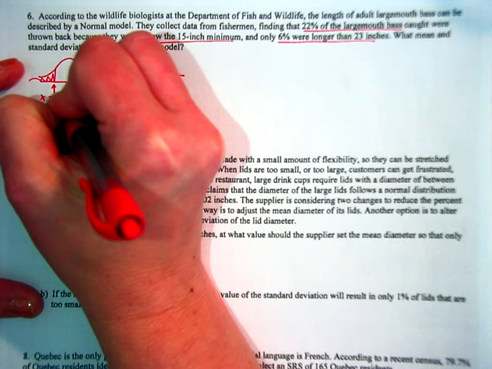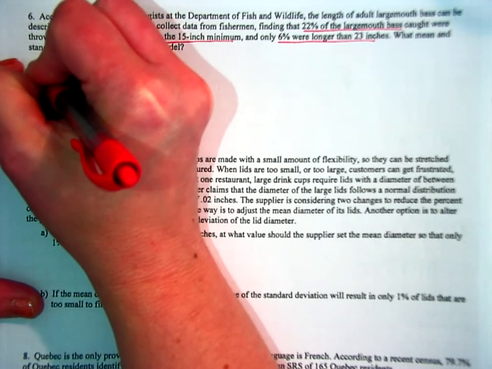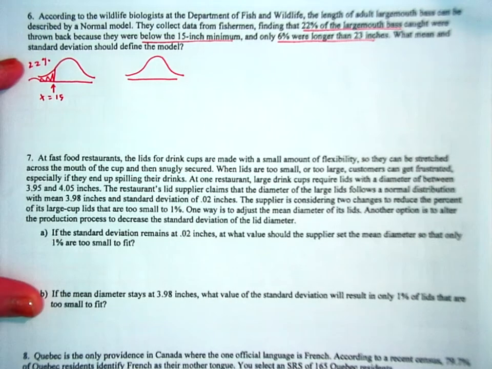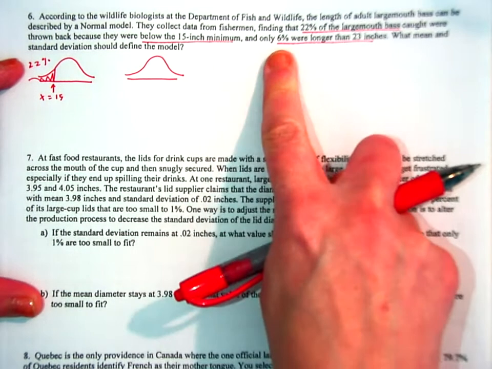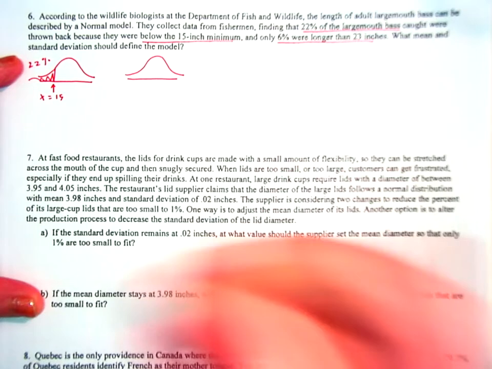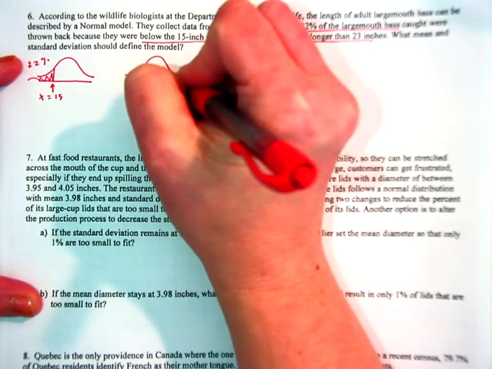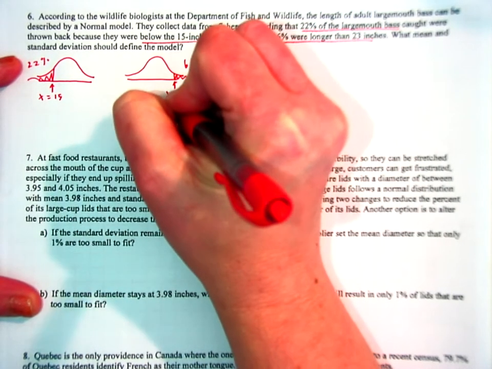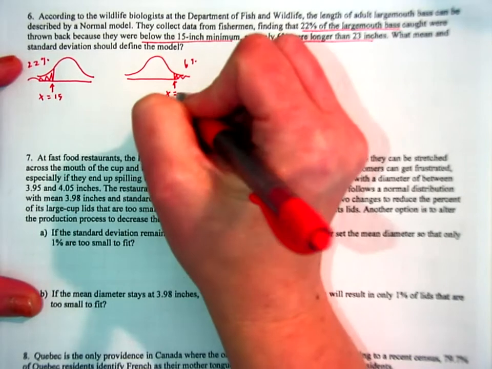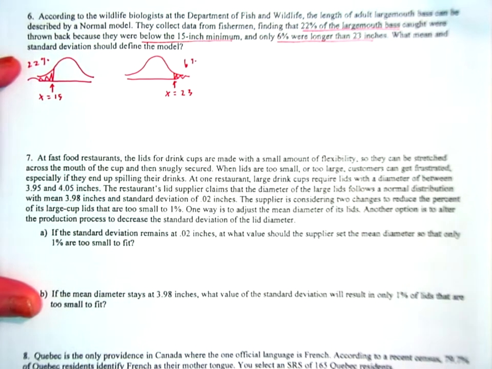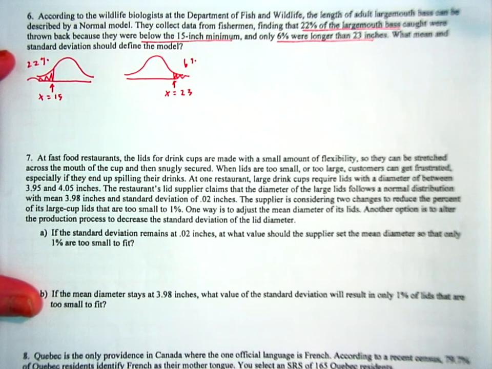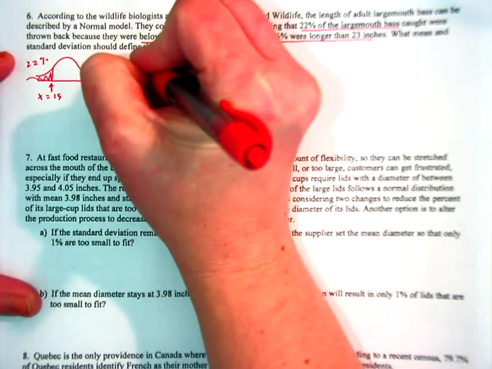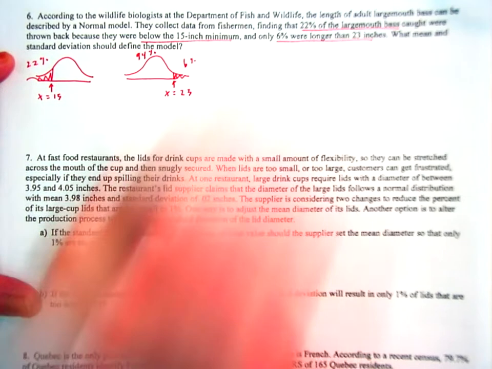X is 15, and here's that lower 22%. Okay, we also know that 6% were longer than 23 inches, so 6% about like that. And that is an X value of 23 inches. Okay, whenever I know the above, I always have to convert to the below, so 94% right there.